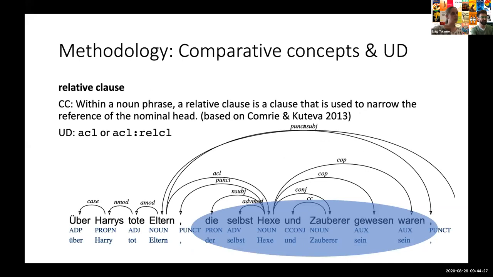So relative clauses are clauses that are used to narrow down the reference of the nominal head. This is a comparative concept based on Comrie and Kuteva 2013. And UD has a syntactic relation called acl, which captures all finite and non-finite clauses that modify a nominal, but it also has a subtype, acl:relcl, which specifies the relative clause specific modifier.